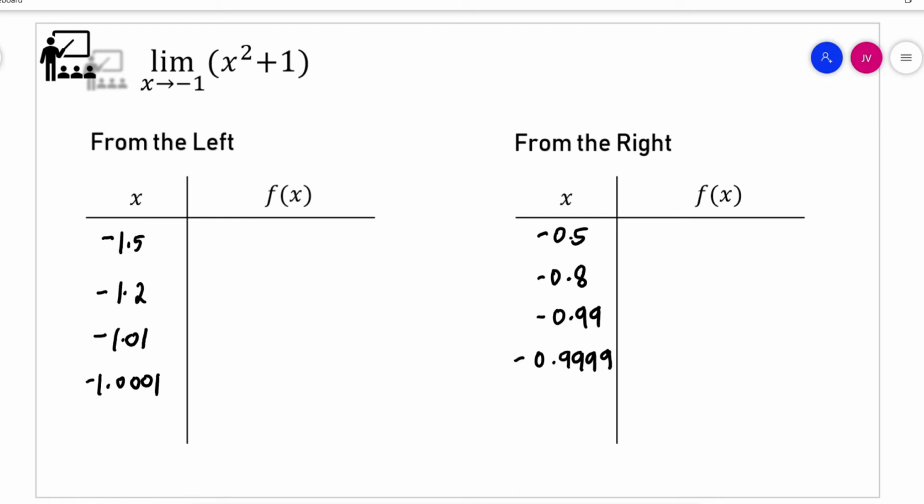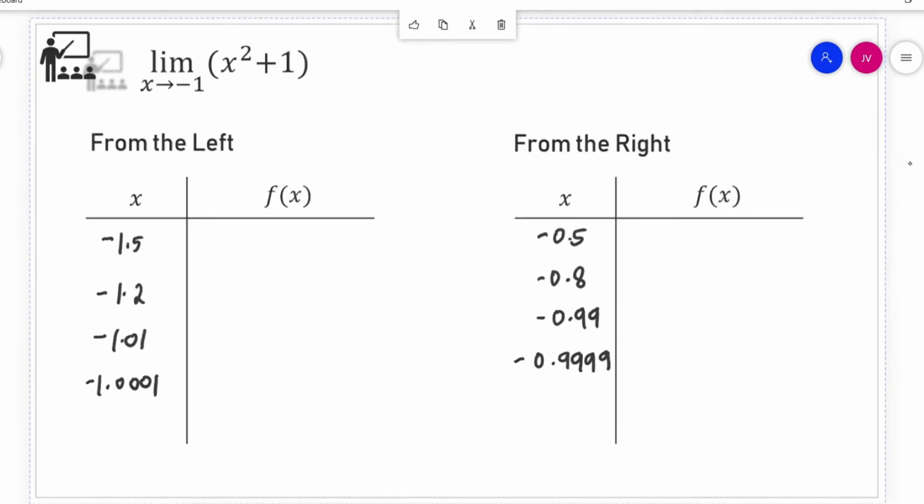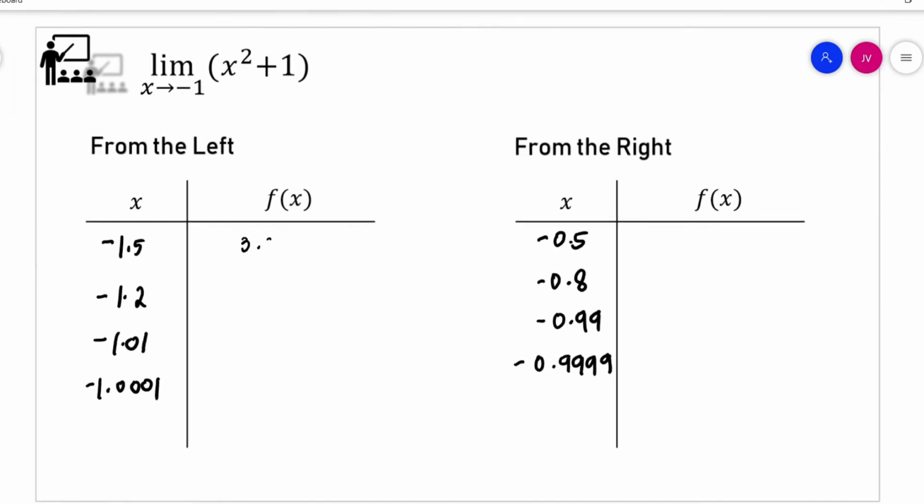So for negative 1.5, we have 3.25. So for negative 1.2, we have 2.44. For negative 1.01, we have 2.0201, and negative 1.0001, we have 2.00020001.